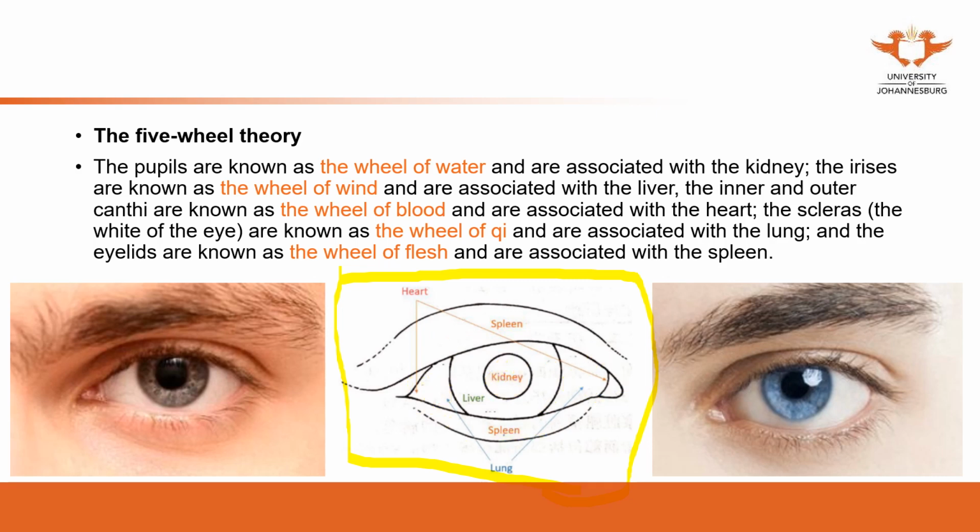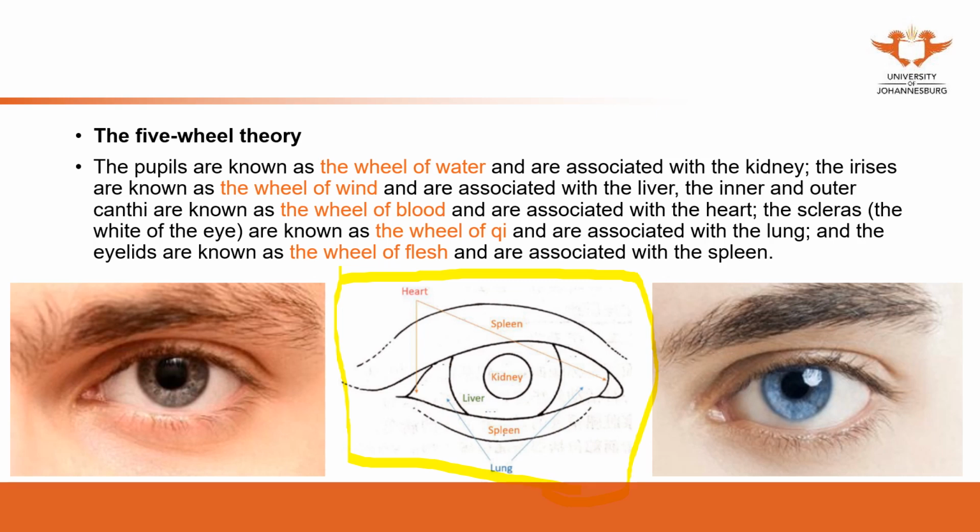The pupil is known as the wheel of water, associated with the kidney. The iris is the wheel of wind, so the color is linked to the liver. The inner and outer canthi are the wheel of blood and linked to the heart.